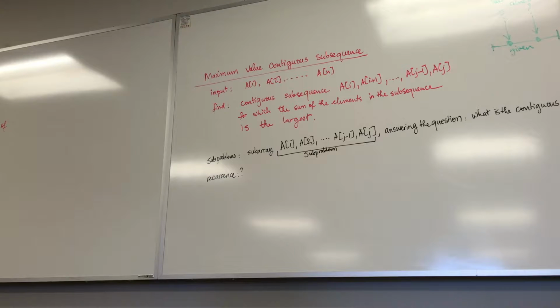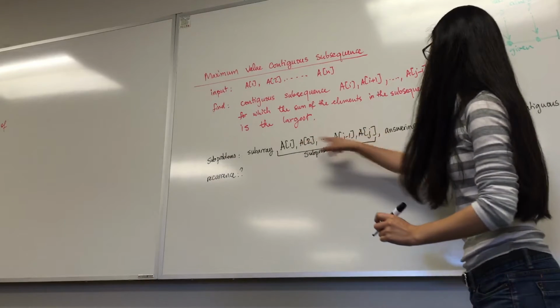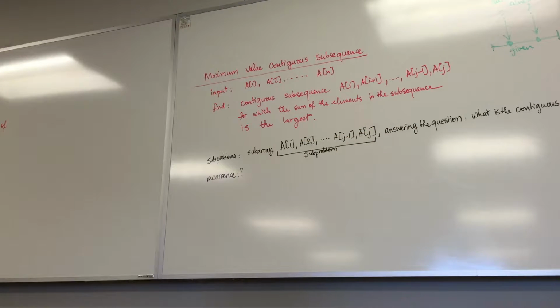Here's your array that's given, A1 to AJ. And then what you have to find is just one value here. You need to find one value only, because you're only looking at maximum sums that end at this point.